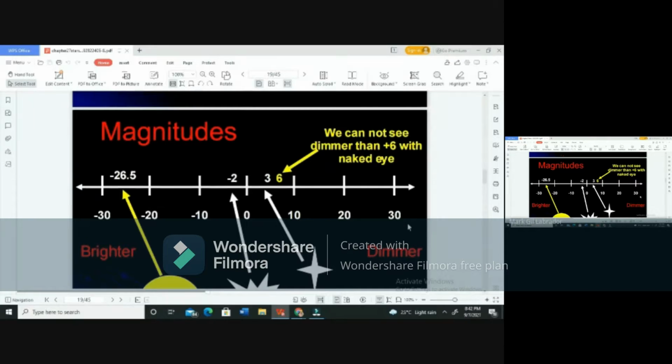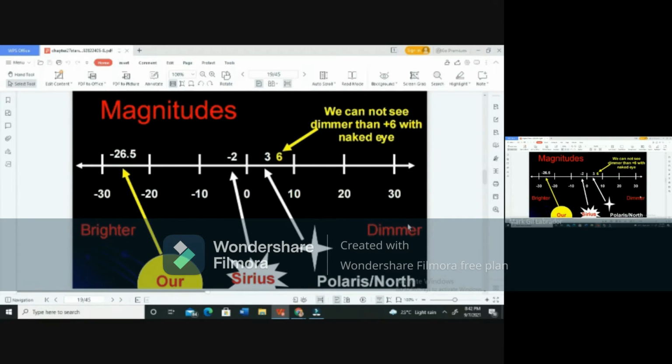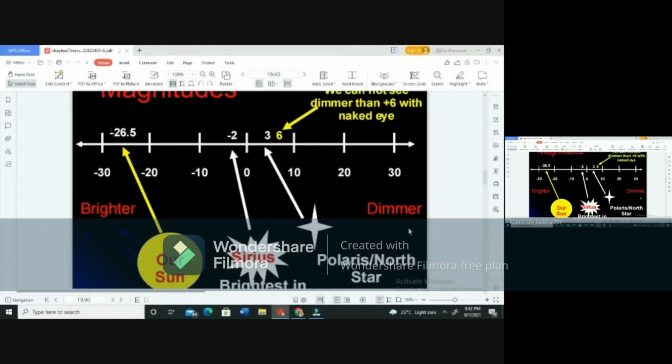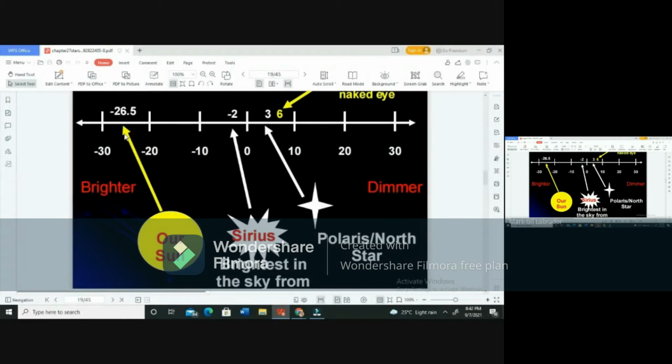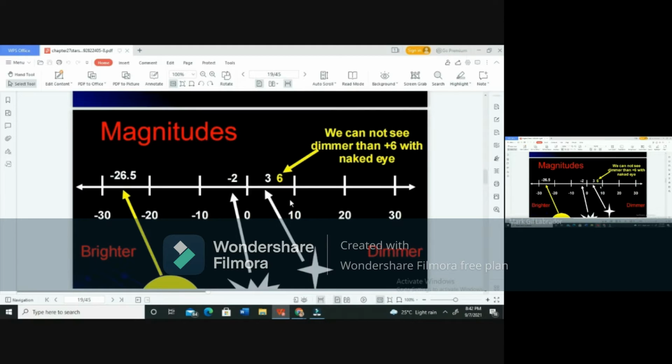Okay, so halimbawa ito, magnitude. On this magnitude, nasa mga negative 30, those are brighter stars. Kasali dyan si Sun natin kasi si Sun is negative 26.5. Yung mga stars naman na dito, we cannot see dimmer than positive 6 with the naked eyes.